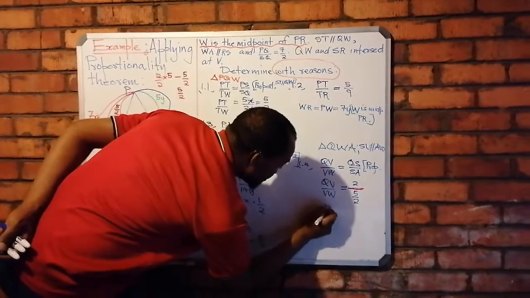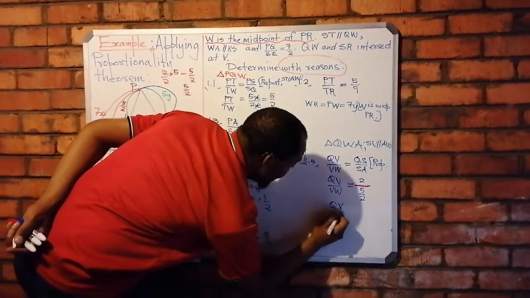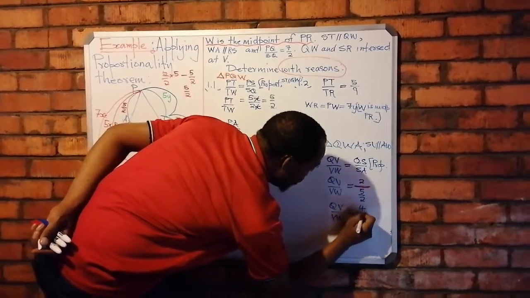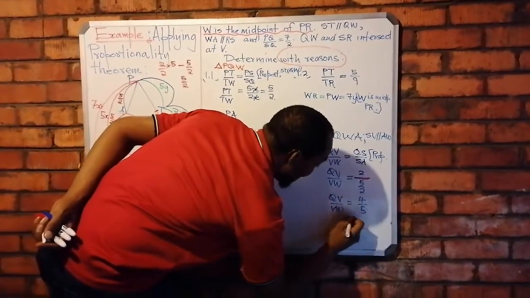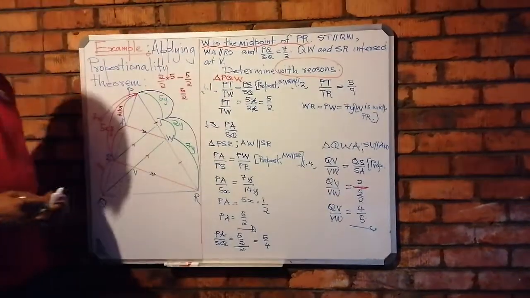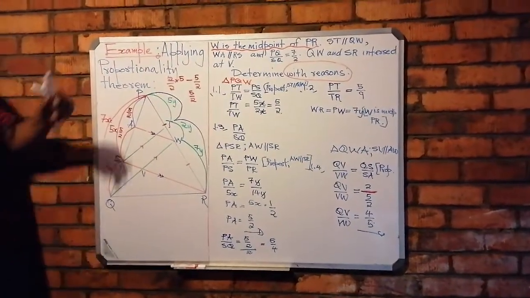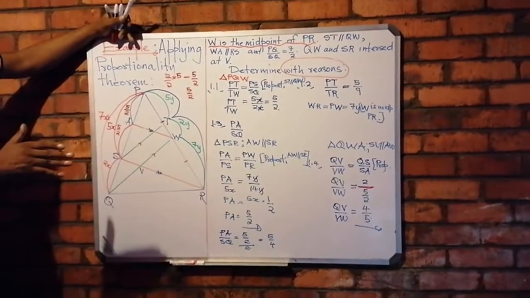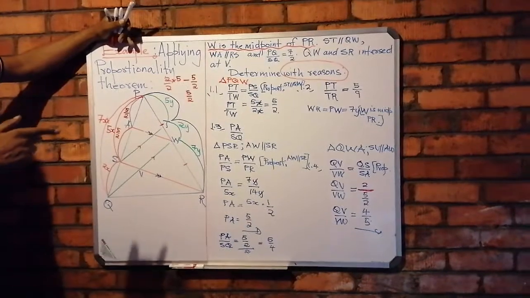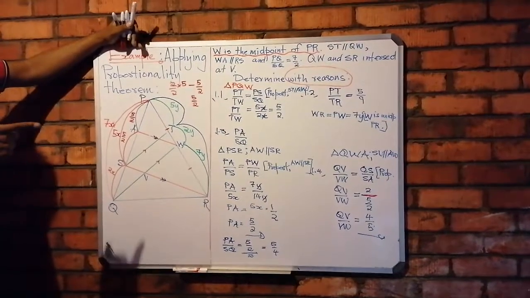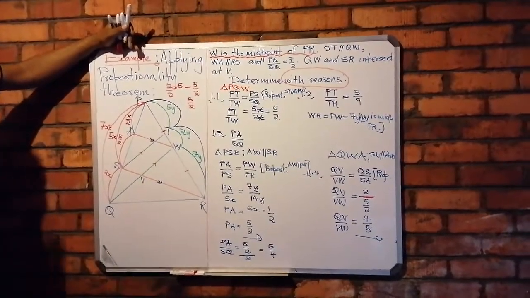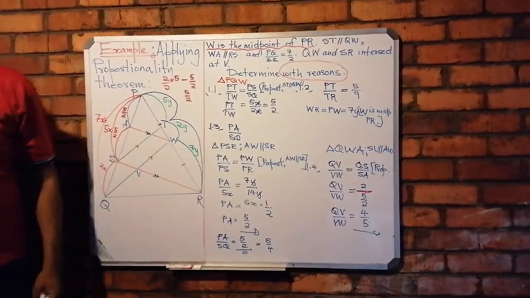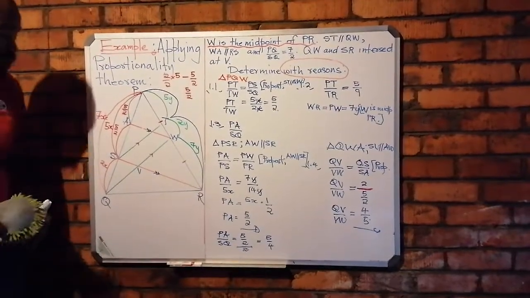That is, QV divided by VW would be equal to 4 divided by 5. Beautiful, beautiful mathematics. We have answered all the questions that were there. For now, we shall be moving on to the next question that I want to treat for you, which is also an exam part question.